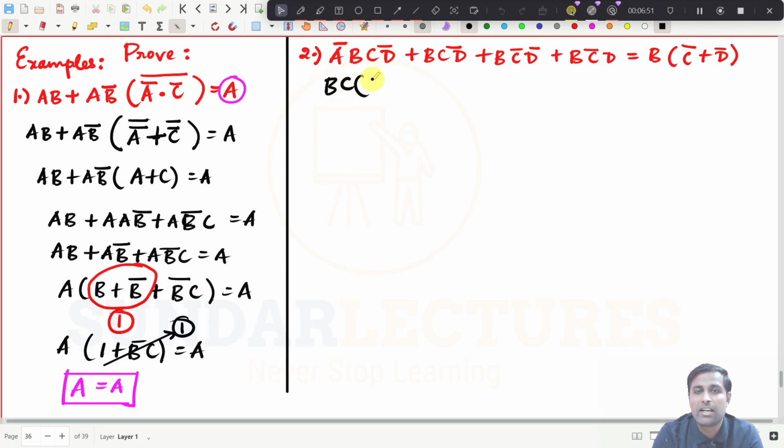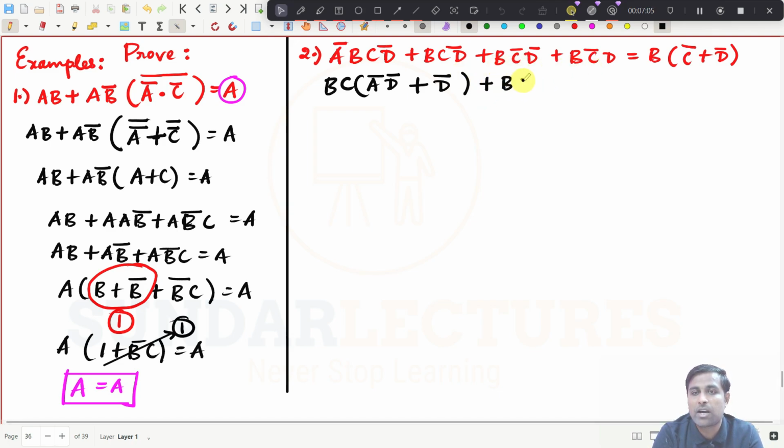What you will get? This one will be A bar and this one will be D bar, right? Plus here it will be D bar, here it will be D bar, and then this can be closed down. Here you see B C bar is the common term, so take B C bar commonly outside. What you will get? B C bar has gone, so it will be D bar plus D. That is the equation you will get, right?